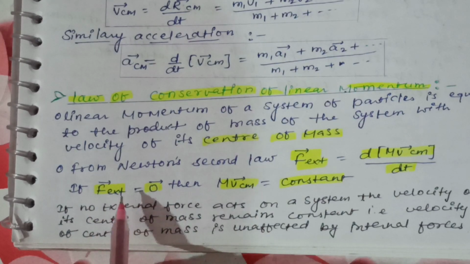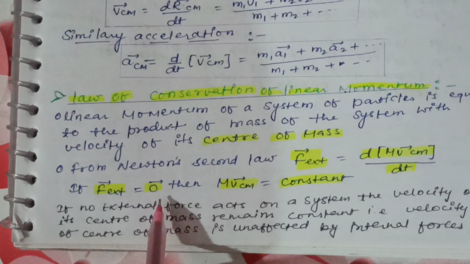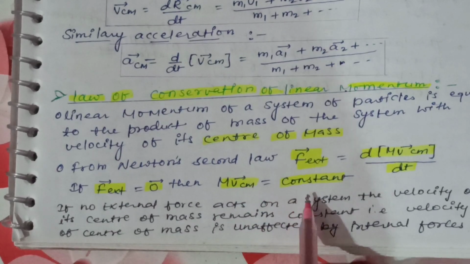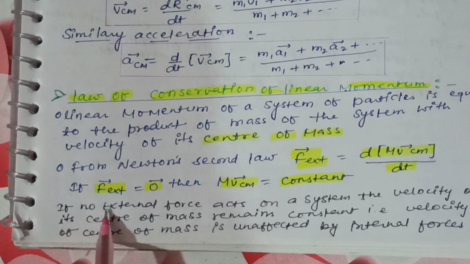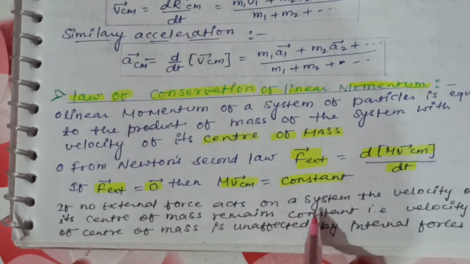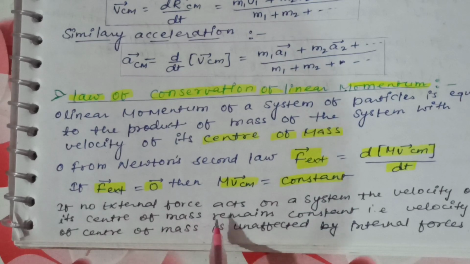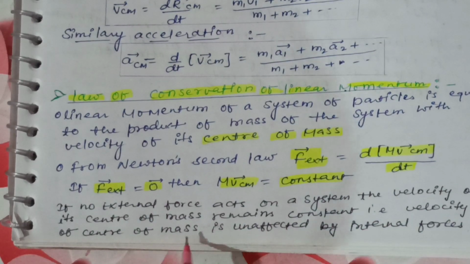If F external is equal to 0 vector, then M v vector cm is equal to constant. If no external force acts on a system, the velocity of its center of mass remains constant. That is, the velocity of the center of mass is unaffected by internal forces.